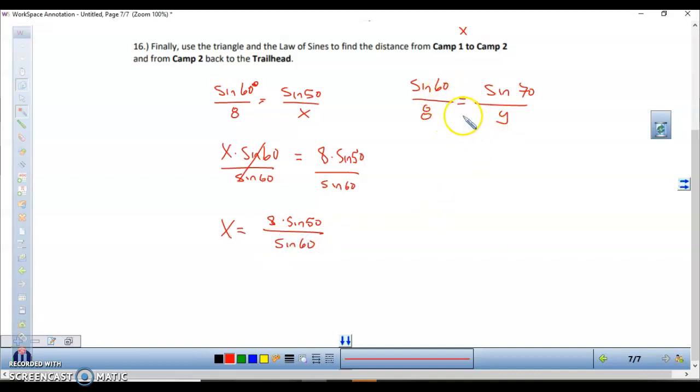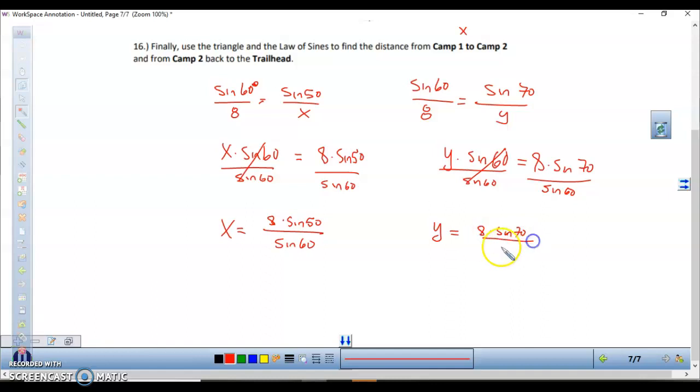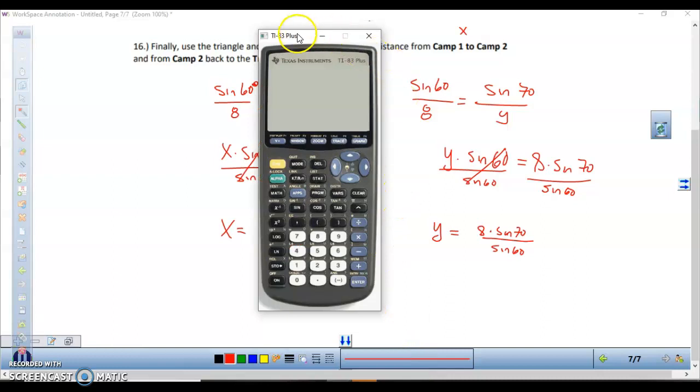And over here when I cross multiply, I get y times the sine of 60 equals 8 times the sine of 70. Then I will divide both sides by the sine of 60 here. And I get y is equal to 8 times the sine of 70 degrees divided by the sine of 60 degrees. So here's my calculator.